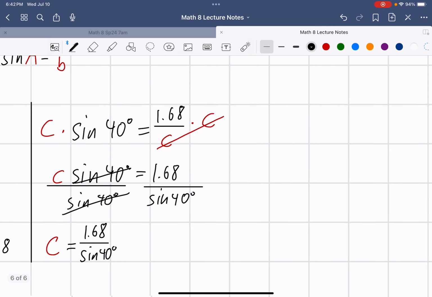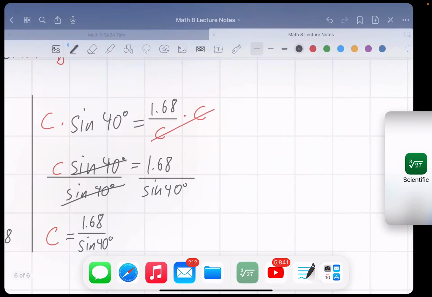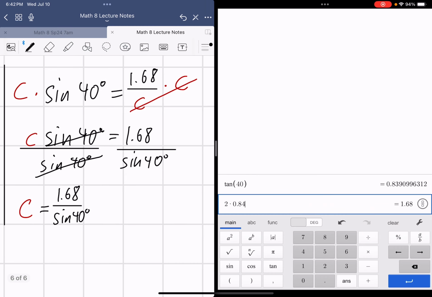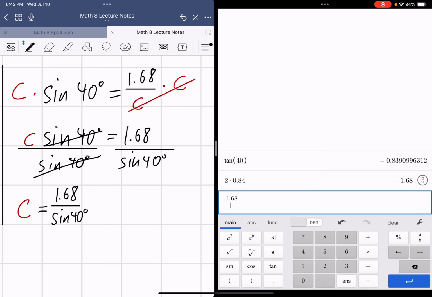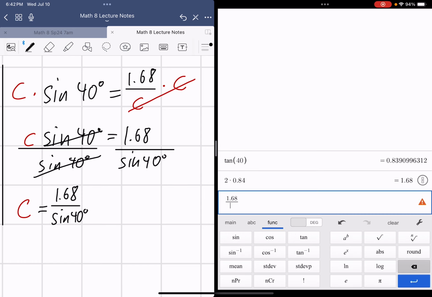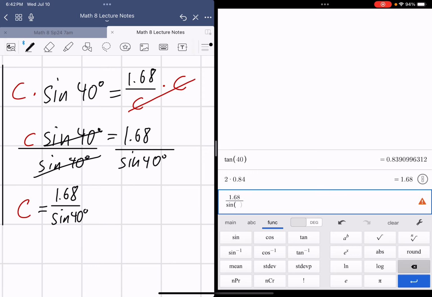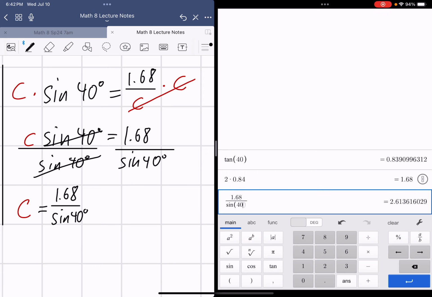Now, I'd urge you to be careful when you're using your calculator. That's why I try to avoid it as much as possible, because sometimes we tend to want to plug everything in one step. But the problem becomes our calculators use order of operations.